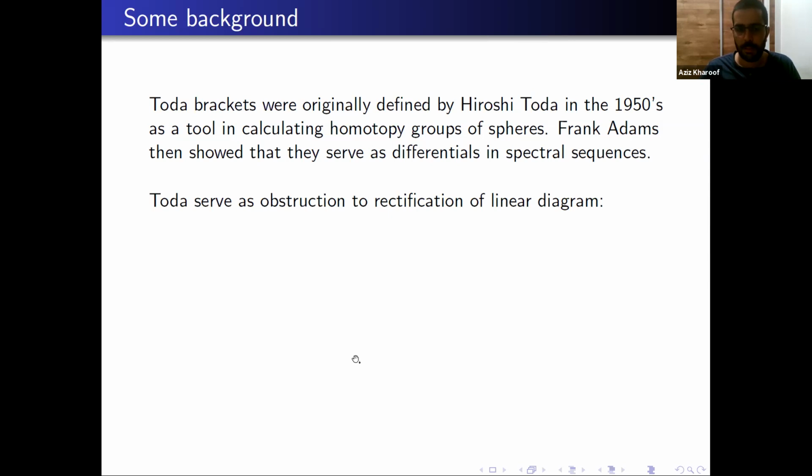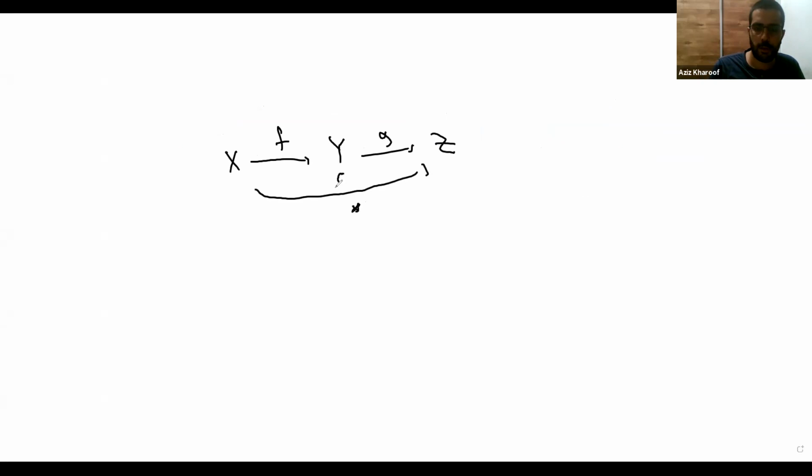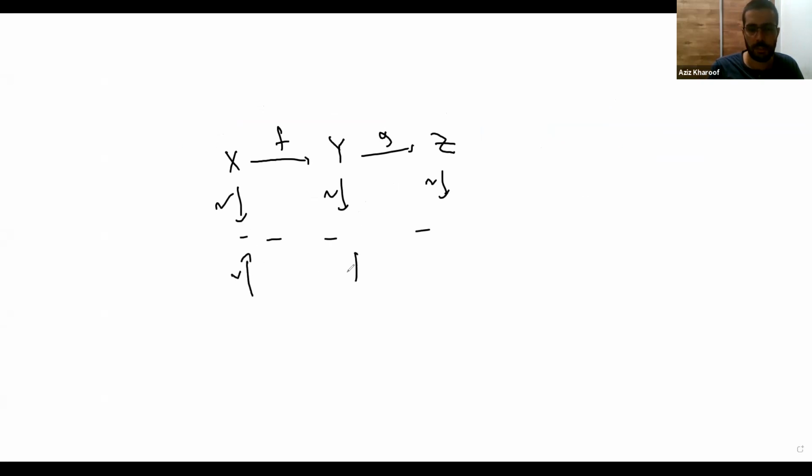What I mean by this is, if you have two maps F, G, where the composition is null homotopic, then you can rectify. What I mean by rectify is you can find a zigzag of weak equivalences where the composition is exactly zero.